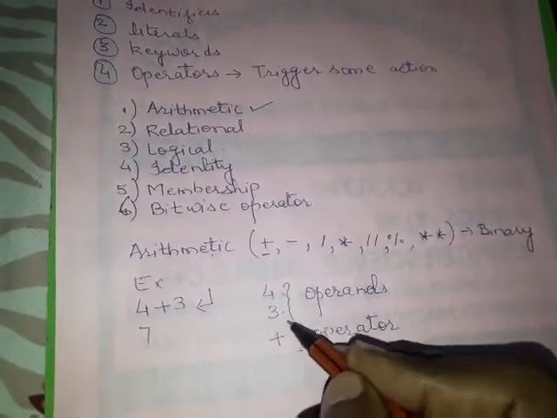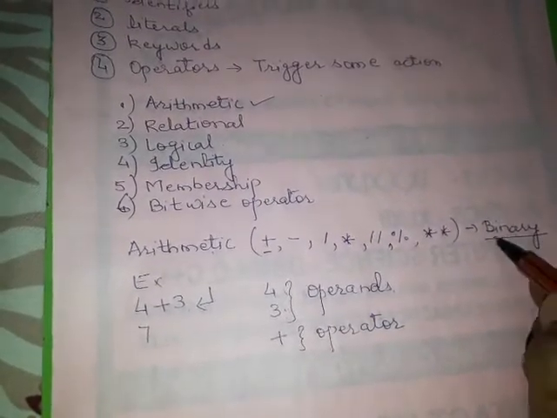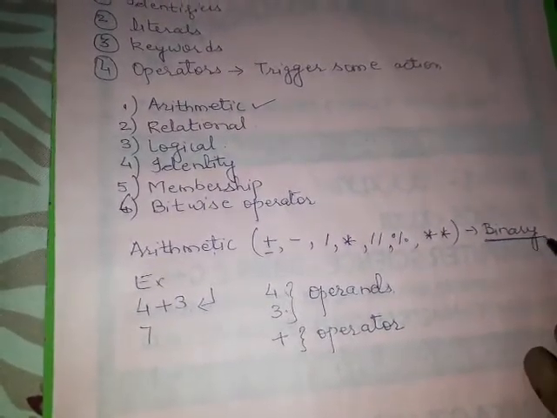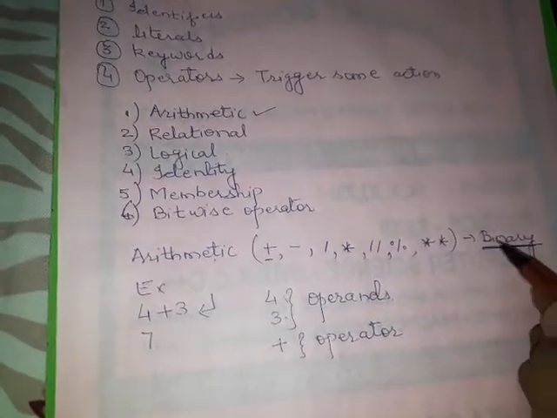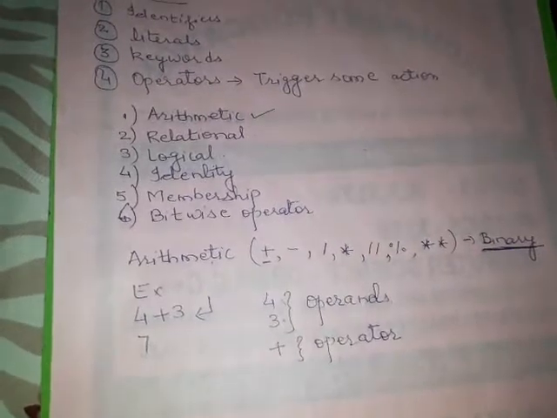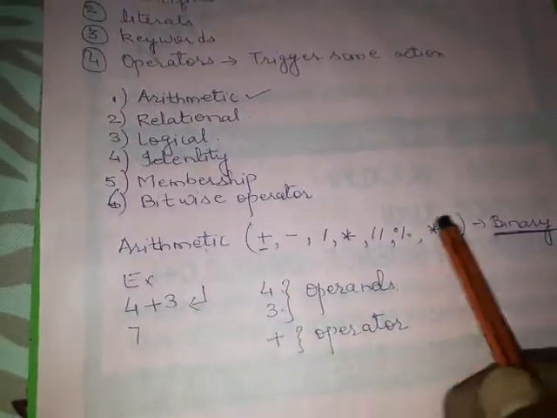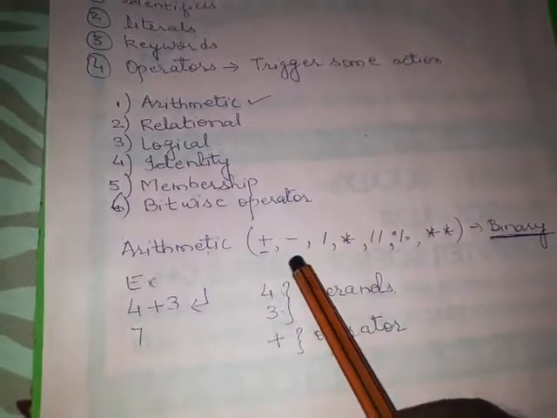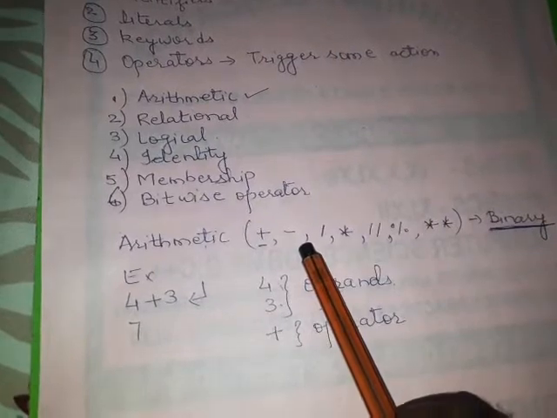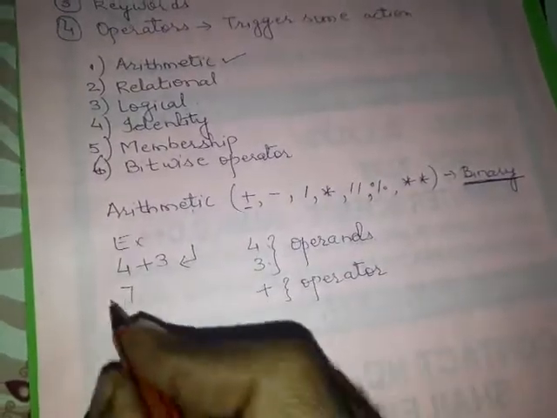Binary means two. There is another operator which is unary operator, which we will discuss after we discuss all the operators. All these arithmetic operators are binary operators because they need two operands to perform their action.